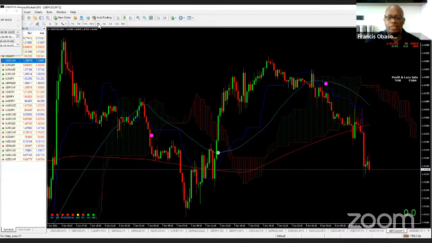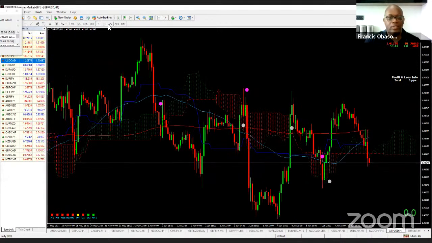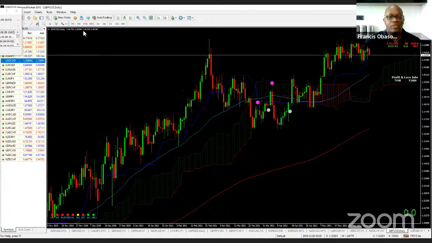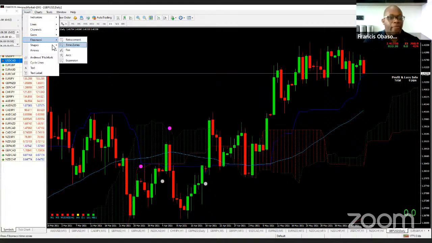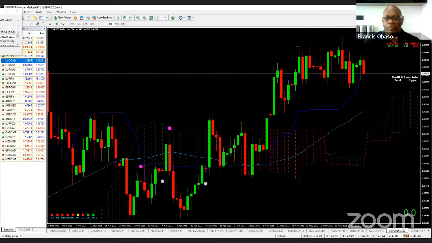That's Pound USD. So we saw what happened some days ago. This is a daily time frame. It got to the daily high, and it's been pushing down slightly.